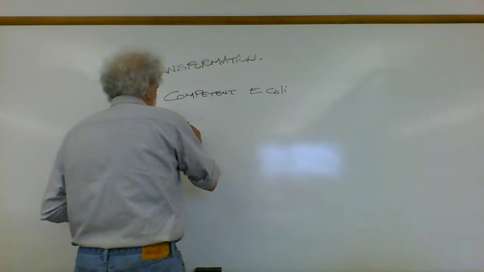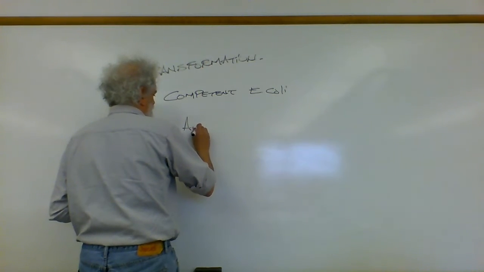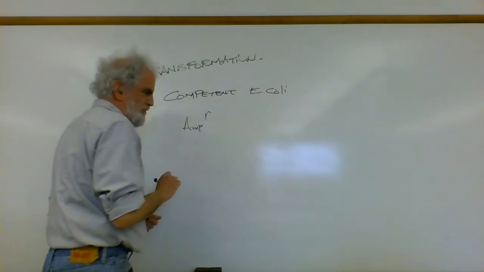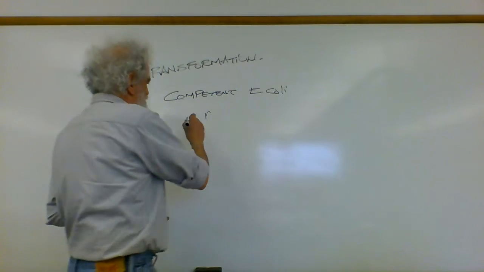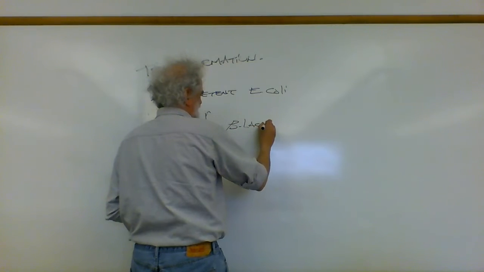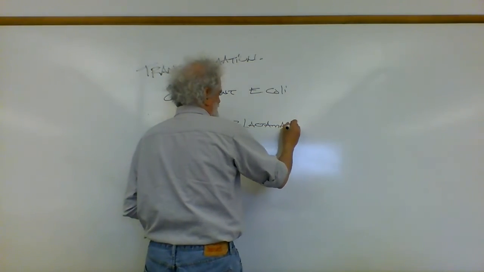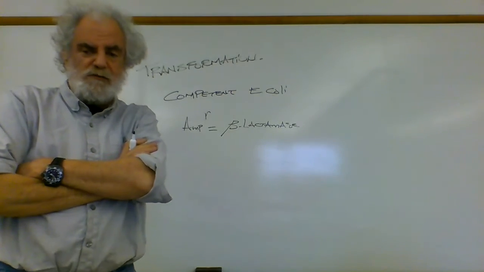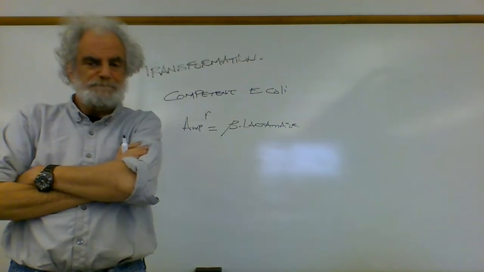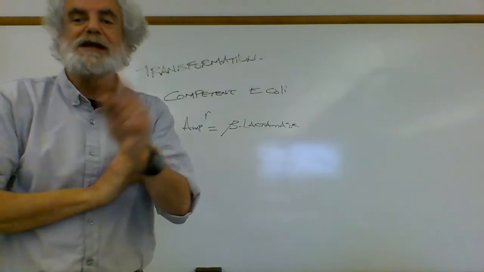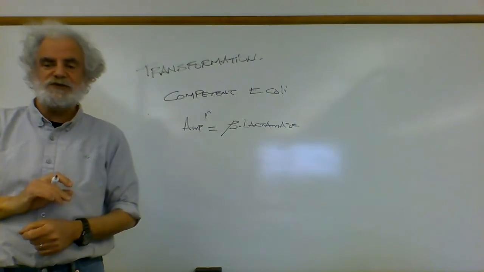And so the AMP resistance gene, known in the biz as AMP-R, is the enzyme beta-lactamase. Beta-lactamase is able to break apart and break down the antibiotic. And the bacteria that are carrying our plasmid can now grow in the presence of ampicillin.